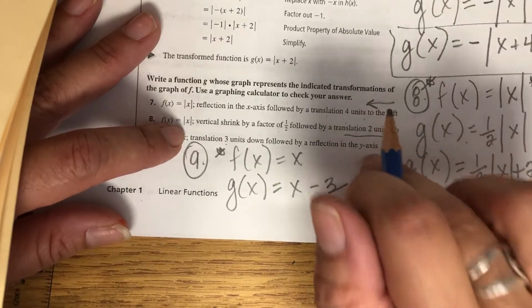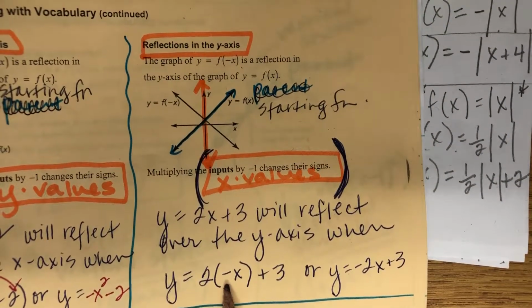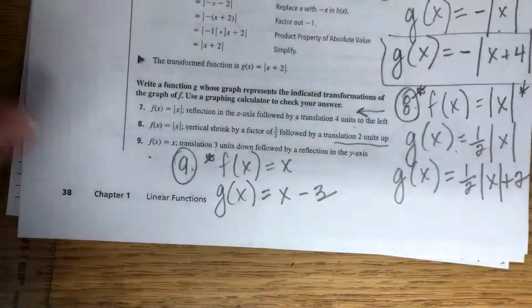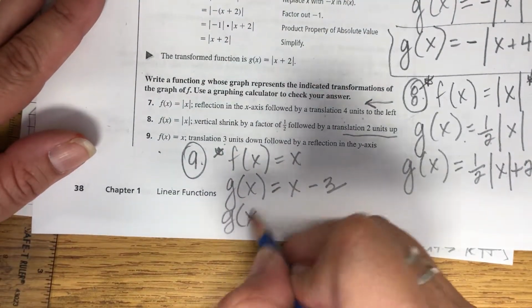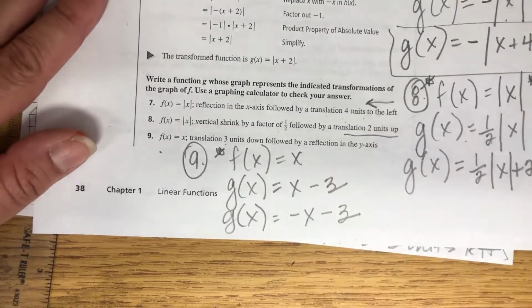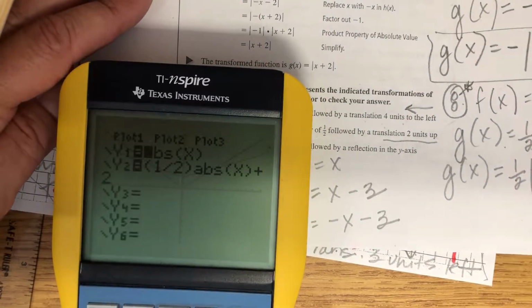Now, I go back to my notes. All we do is make the x opposite. So to finish that up, my next step would be just to take that opposite of x and then minus 3. And then let's go into our calculator and see if what we expected to happen did.